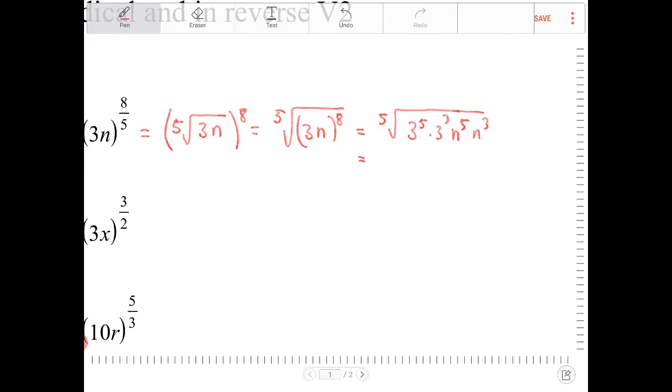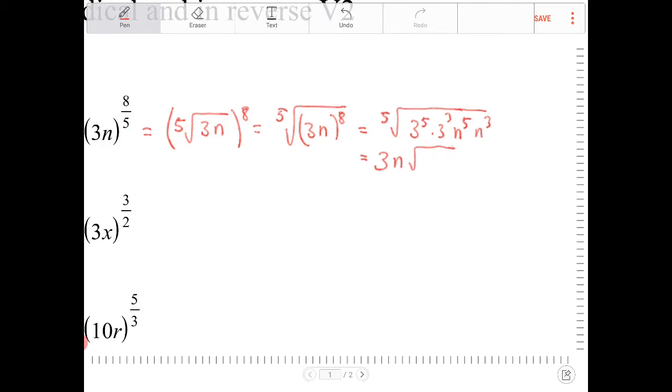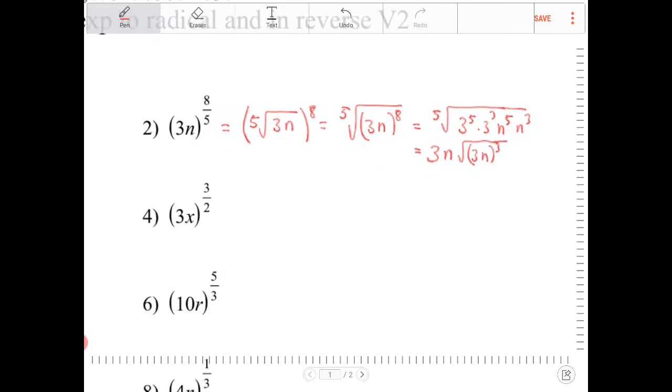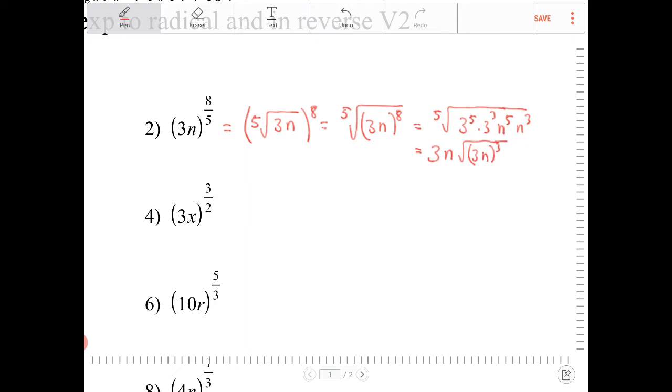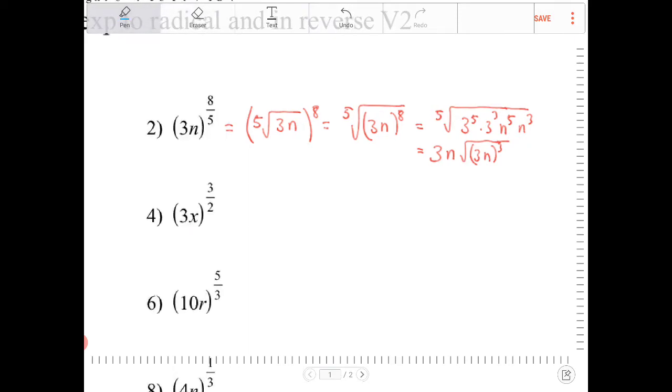In other words, the 5th root of 3 to the 5th is just 3. The fifth root of n to the 5th is n. What am I left with then? I am left with 3 to the 3rd, n to the 3rd. However, the solution for this assignment just stopped here, but I'm taking this step further.